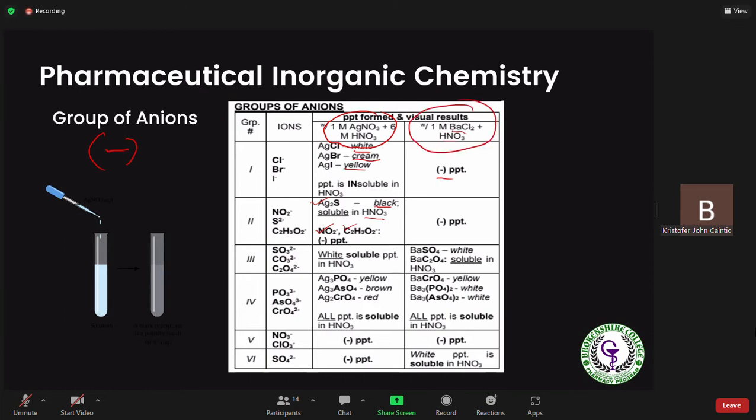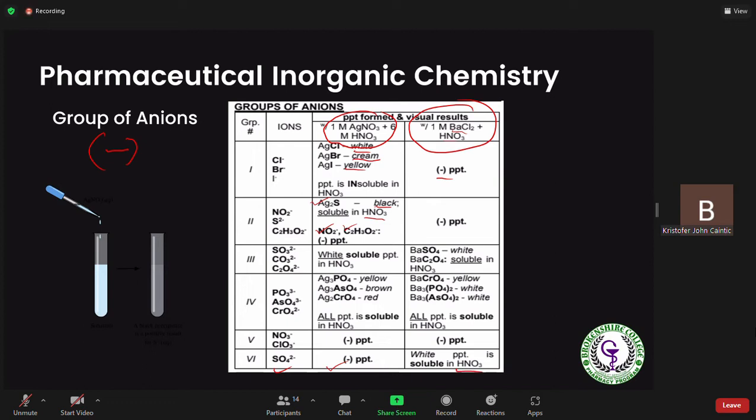So once you prepare or identify this substance, make sure to notice also the precipitate that they will provide. So sulfite under your silver nitrate and nitric acid will not give any precipitate, but under barium, it will provide a white precipitate, but this will be solubilized with the presence of nitric acid.